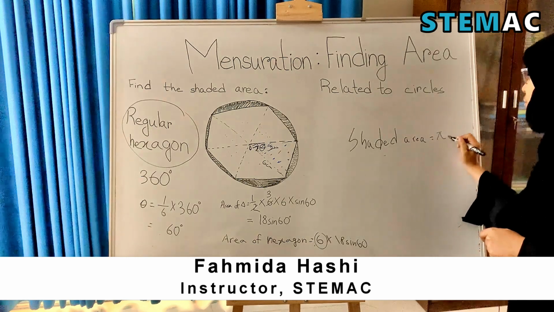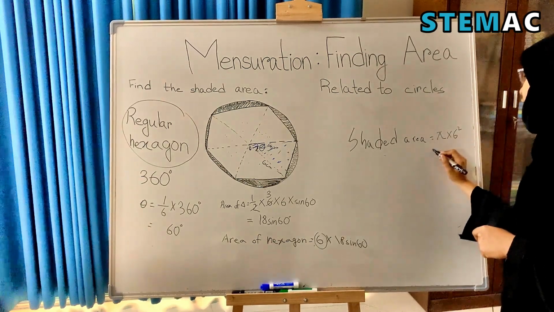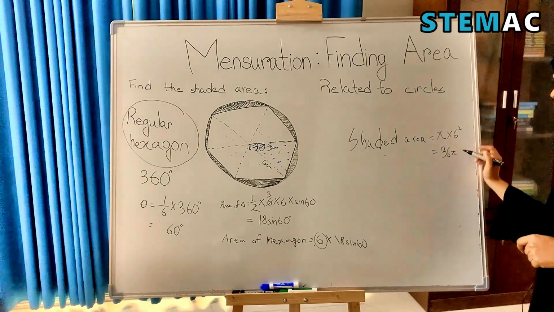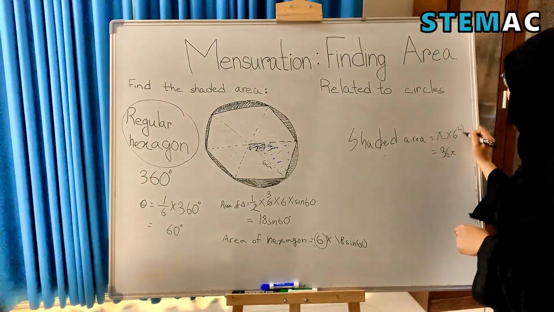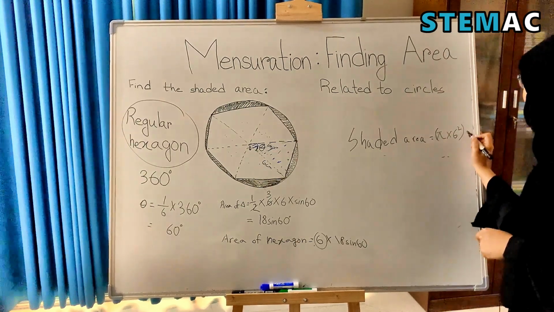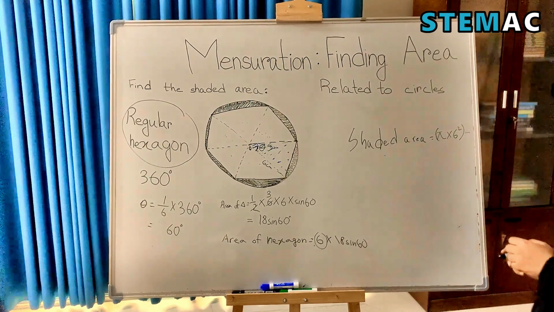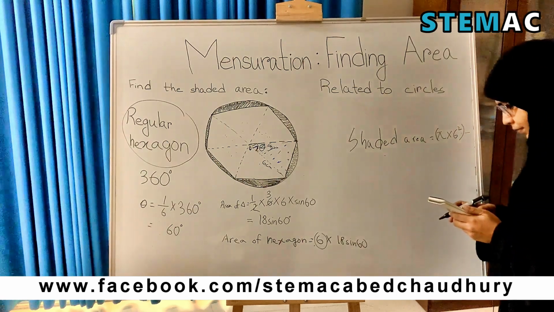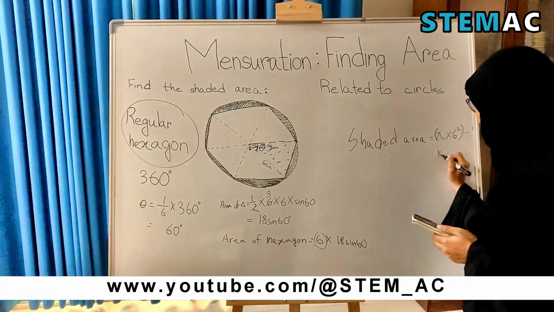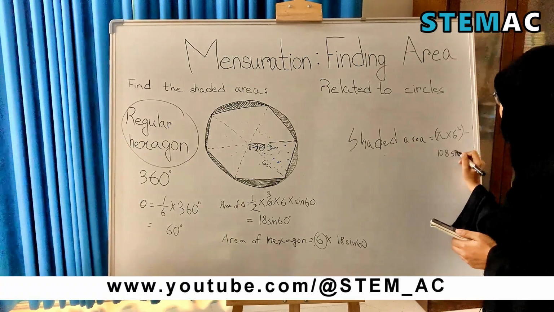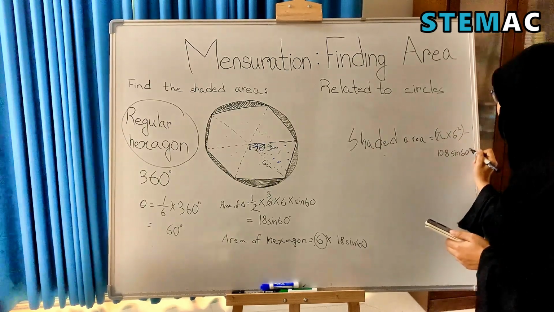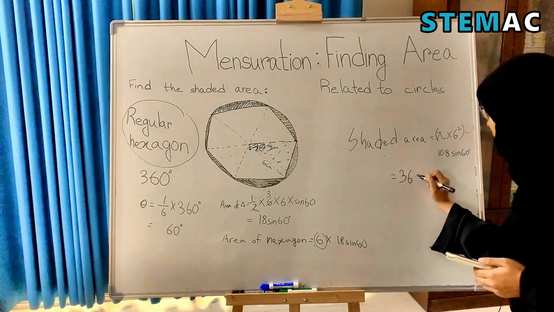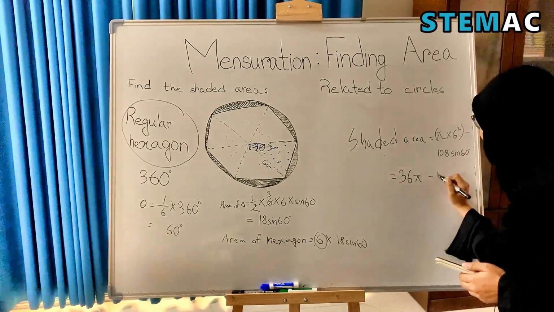So pi into 6 square, that makes 36 pi, minus area of hexagon, that is 6 into 18 sine 60, 6 into 18 is 108, 108 sine 60. So it equals 36 pi minus 108 sine 60.